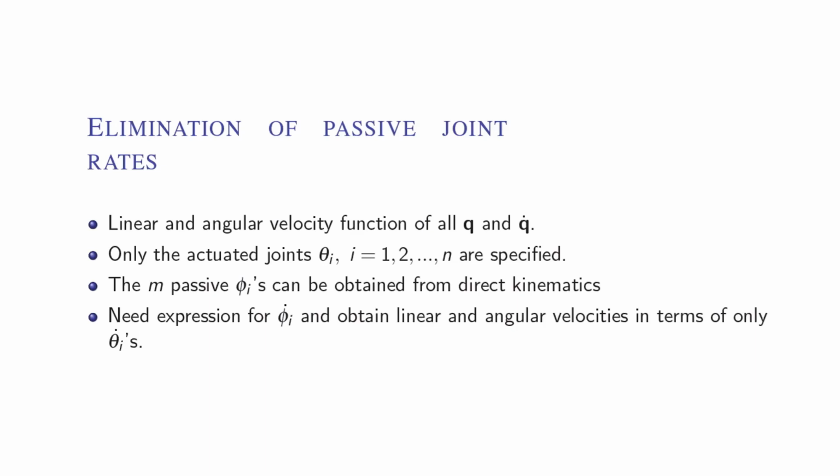Right? So the linear velocity and the angular velocity vectors are functions of q and q dot. However, in a parallel manipulator, only the actuated joint rates theta dot are known, and let us assume that there are n actuated joints.